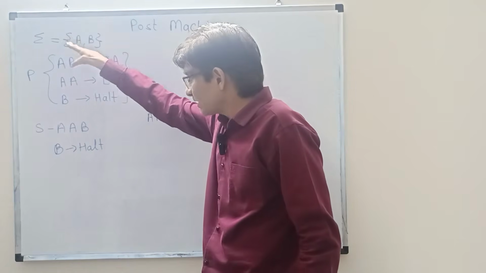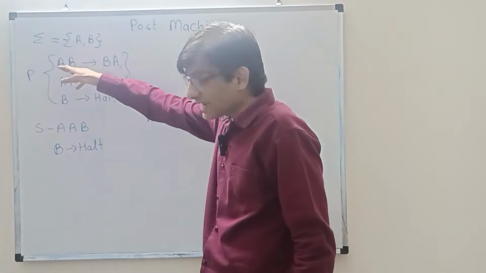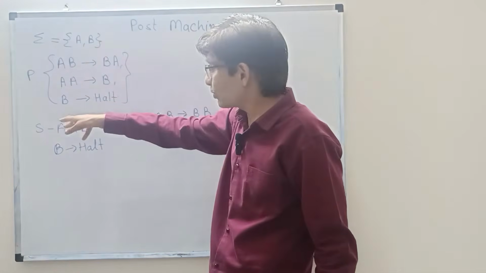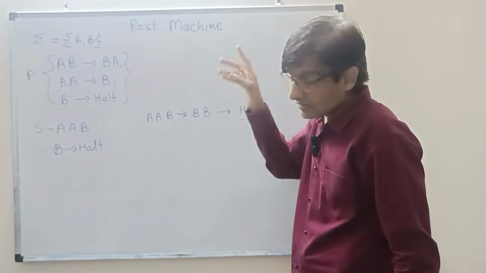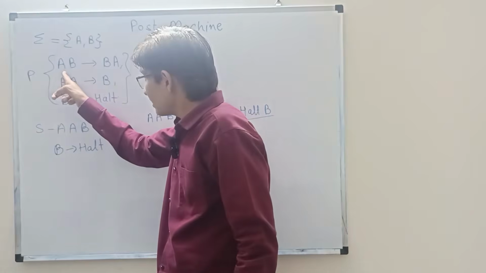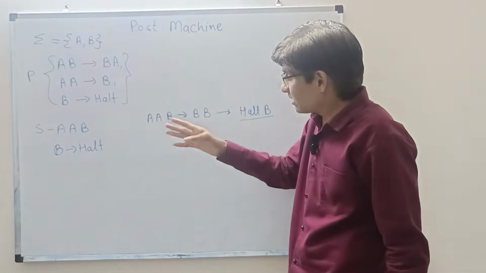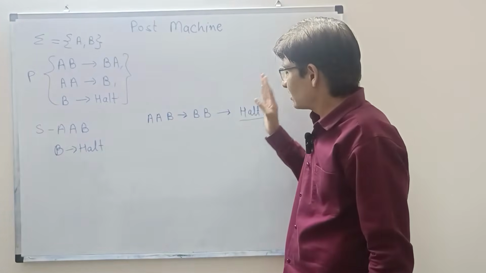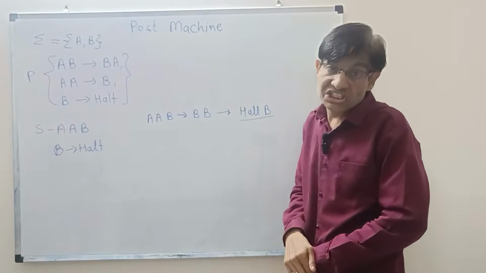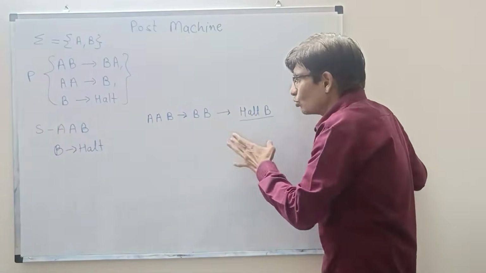We start with the first production and match the left hand side of every production with the current string, and whichever left hand side appears in the string first, we use that production and rewrite the string in this way. So this is how it works.